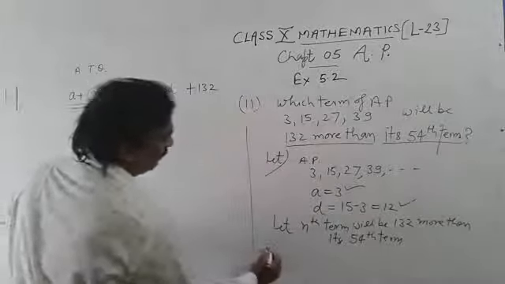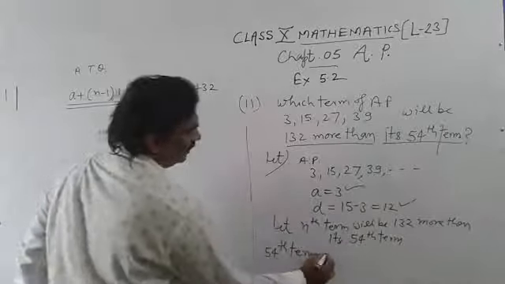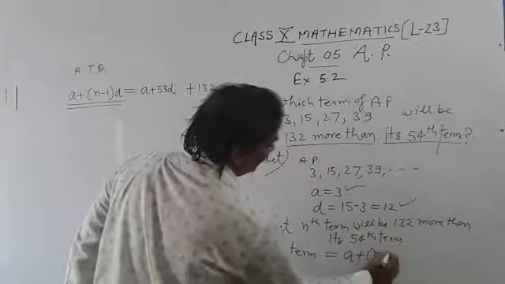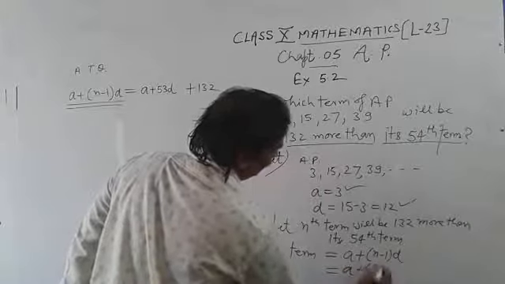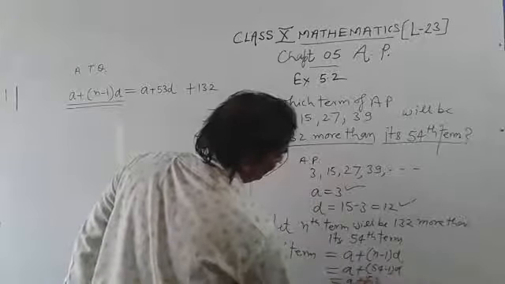You know the 54th term can be written as a plus 54 minus 1 times d. Finally, you can write a plus 53d.